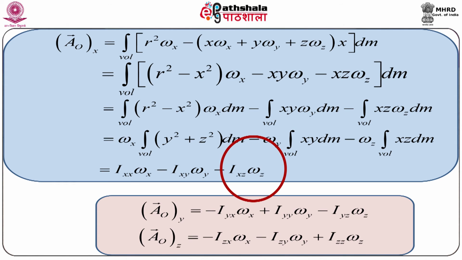This is the product of inertia about x and z axis. This has been written here. Similarly, we can obtain the component x of angular momentum A_O vector in a compact form, this one. This is the y component and this is the z component of angular momentum.